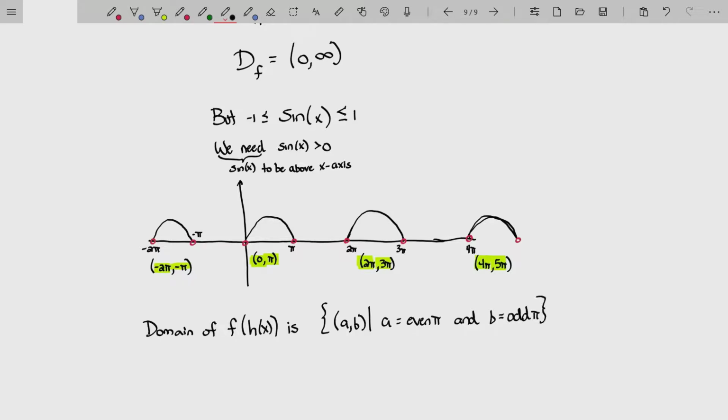If you haven't seen this notation, it's called set builder notation. You actually do not have to use it here. I'm just showcasing a different kind of notation.